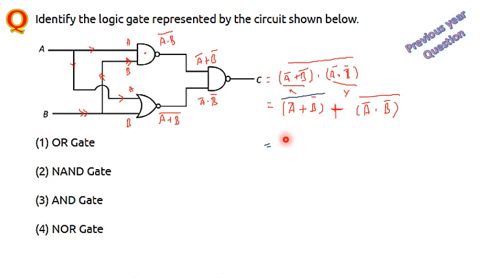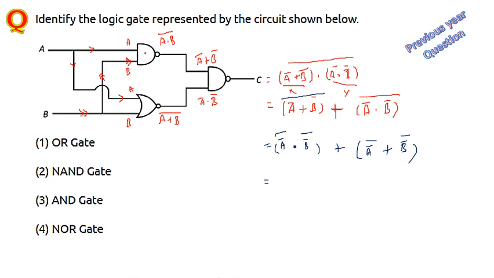Now you are going to expand similarly. See this one, A bar again whole bar, plus will become dot, B bar to the whole bar. Now this is about one input function. Plus is not going to change because we have already changed it. Again this one here, A bar whole bar plus B bar whole bar.